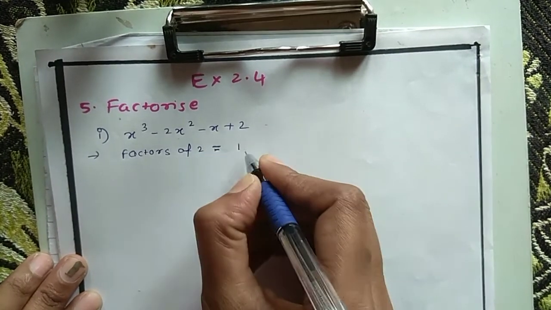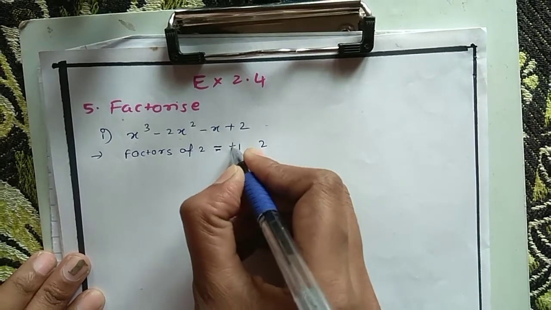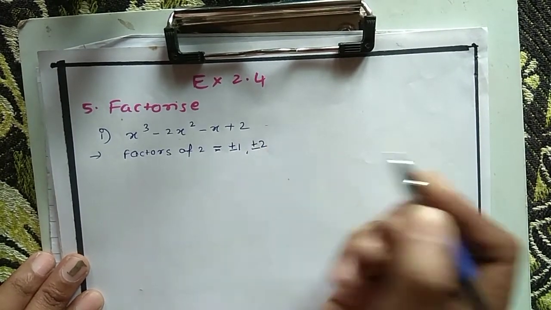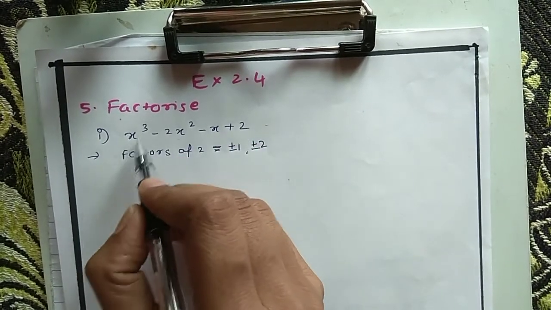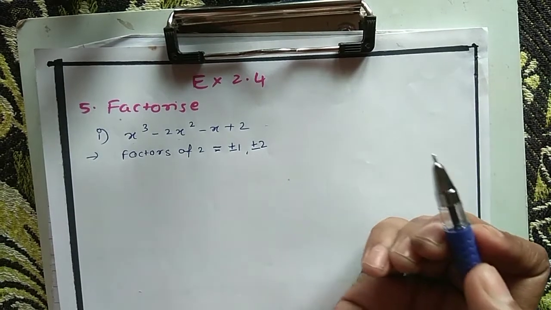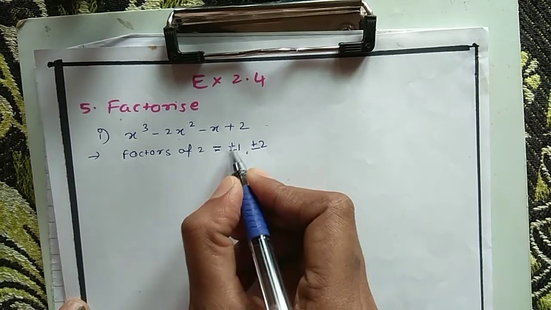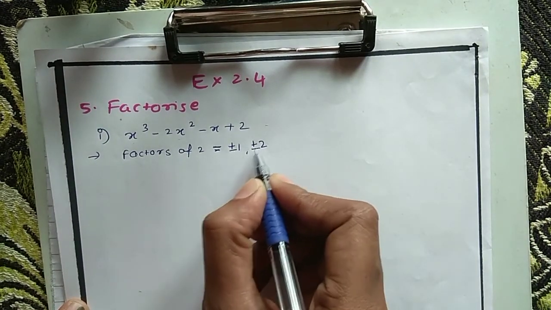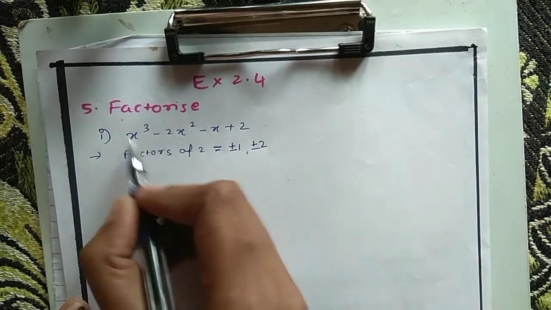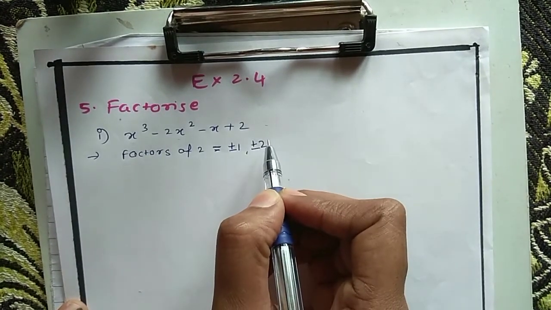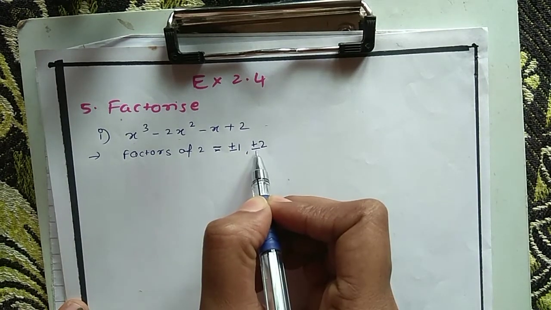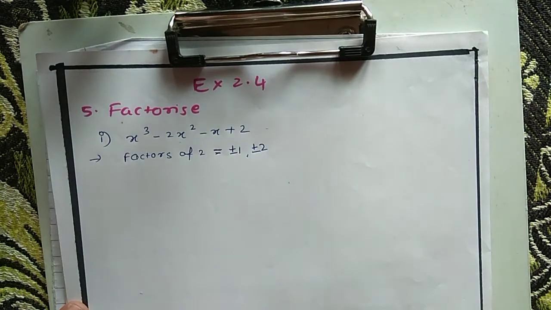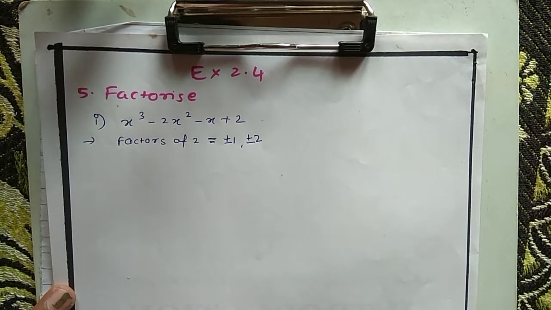So 1 is a factor of 2, then 2 is a factor of 2, so plus or minus, because the value of x can be positive or negative. Only with these 4 values you can try to get the value of the polynomial as 0. But no need to check all 4: plus 1, minus 1, plus 2, minus 2. Once you get one factor, the remaining factors you can find by division of the polynomial.